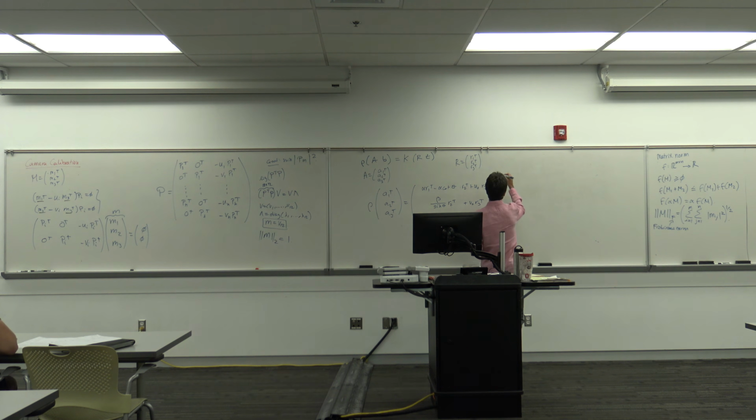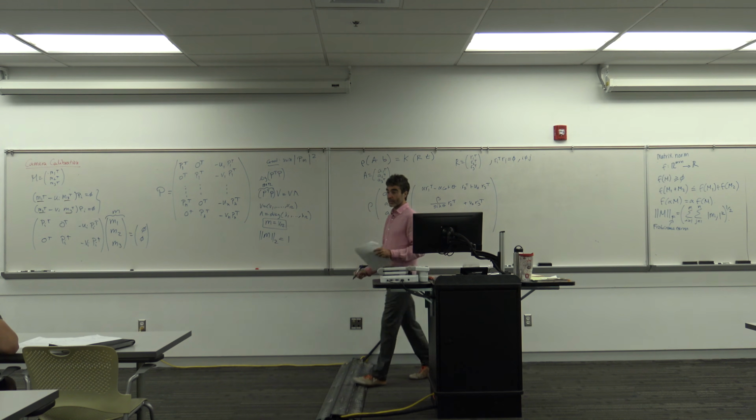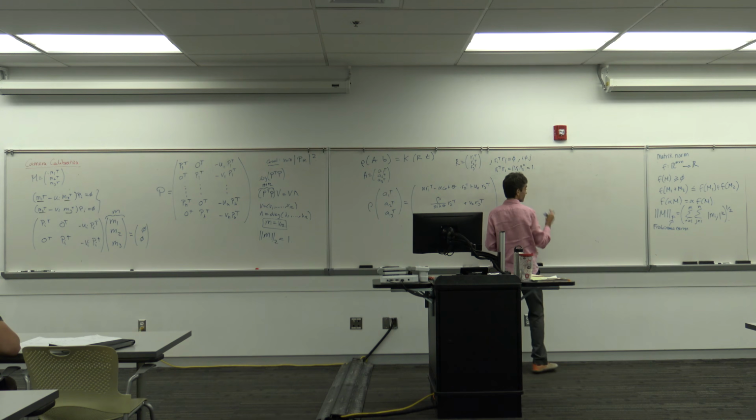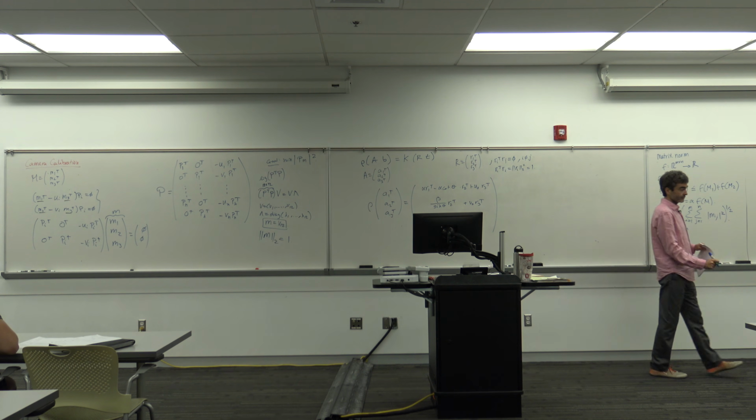So Ri transpose Rj is 0 for every i different than j. If they are equal, then I just have Ri times Ri, the 2 norm of a vector squared, which, because it's a rotation matrix, is going to be equal to 1, right?